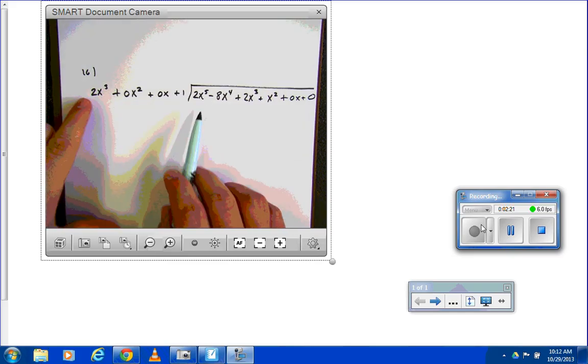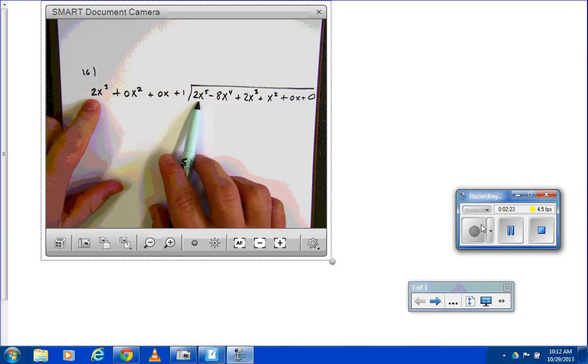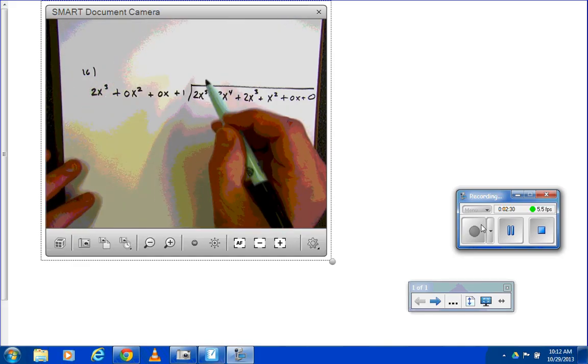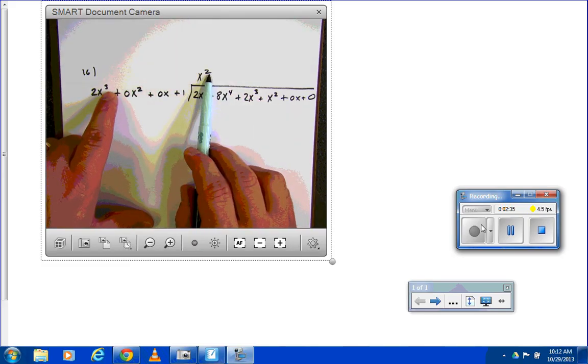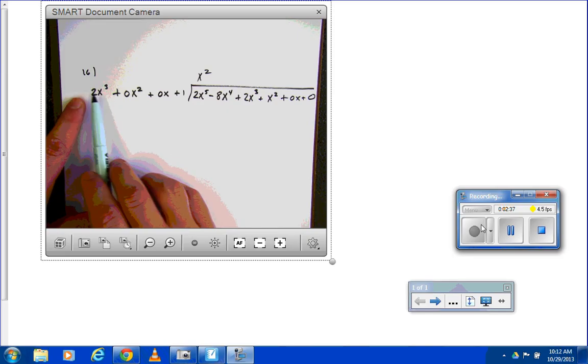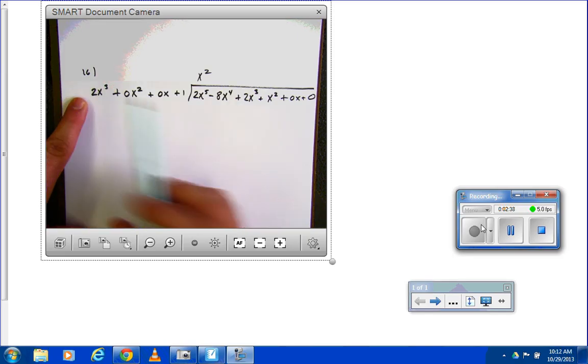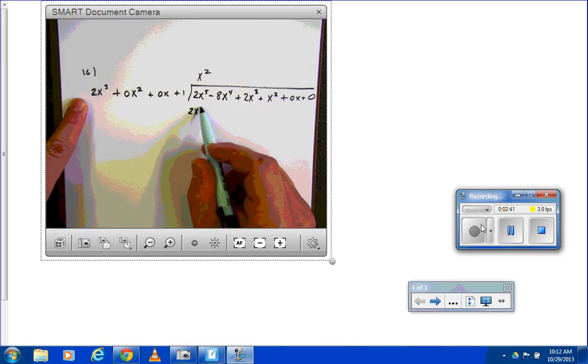So let's just look at the leading terms here, the 2x cubed and the 2x to the 5th. What would I multiply 2x cubed by to get 2x to the 5th? Yeah, x squared, because ultimately, what do you do with the exponents 2 and 3? You add them. So x squared times 2x cubed would be 2x to the 5th.